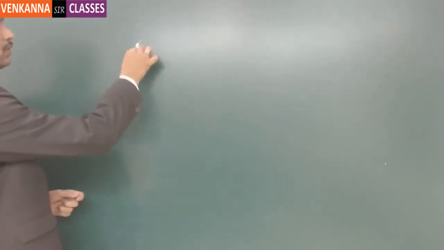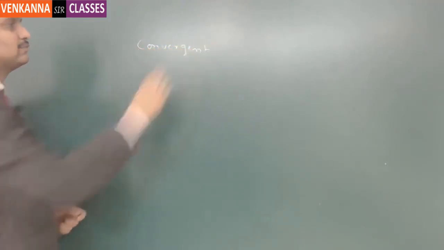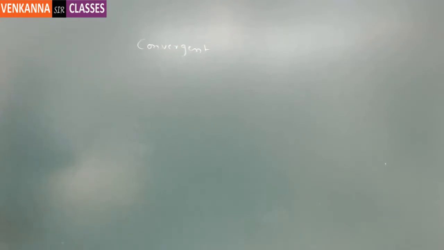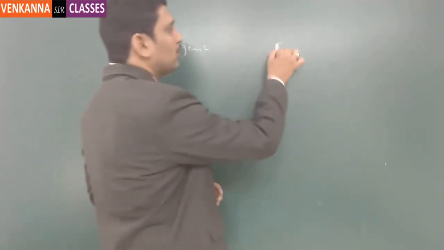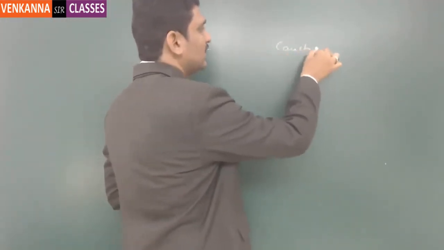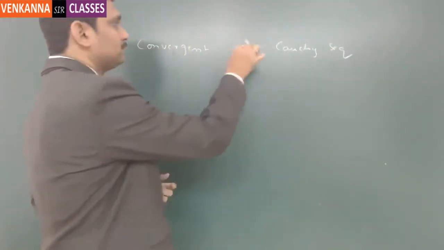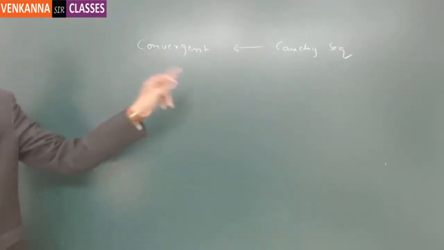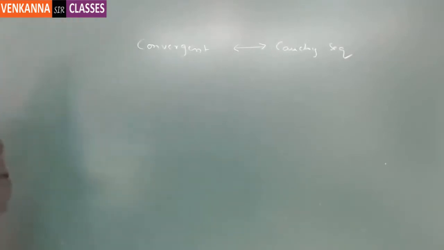If you want to prove that a sequence is convergent, there are different methods available. Apart from these, if you are able to prove that the sequence is a Cauchy sequence, then it becomes convergent, and it is an if and only if case. So there is no need to evaluate the limit here.